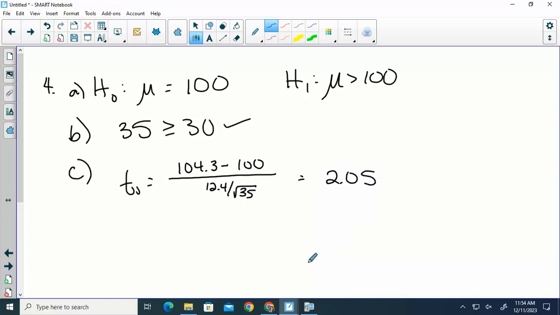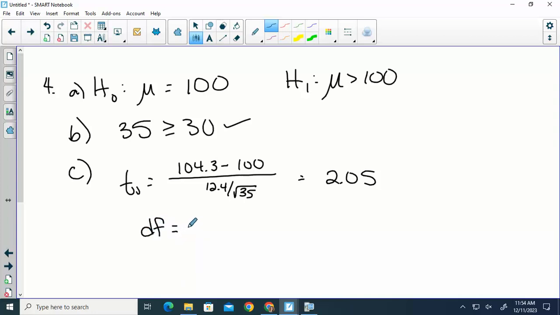Okay, I want everybody to look at this. The t one is a little bit different, so get out your t distribution. All right. So, what we know, we have our t-value, we need to know our degrees of freedom if we're going to use this table.